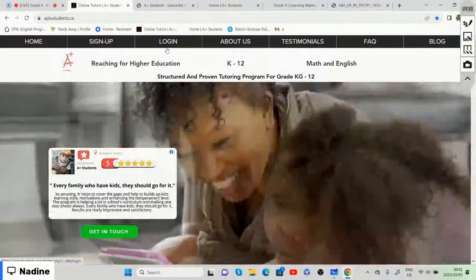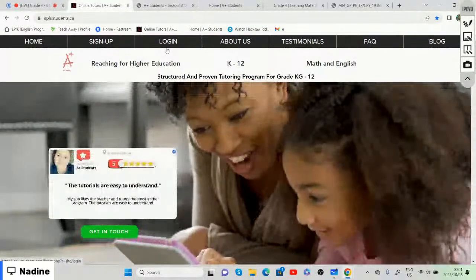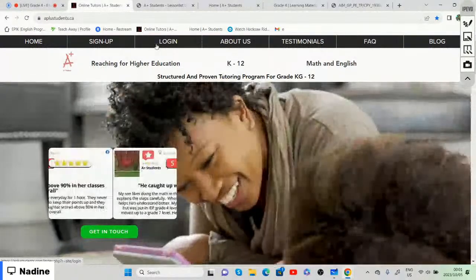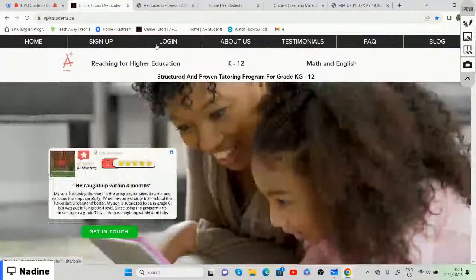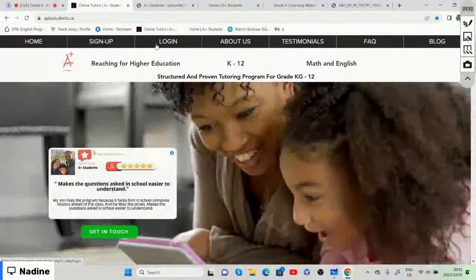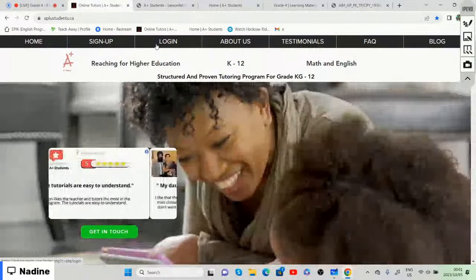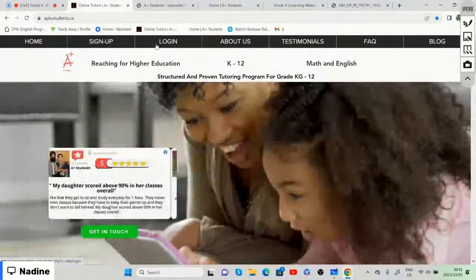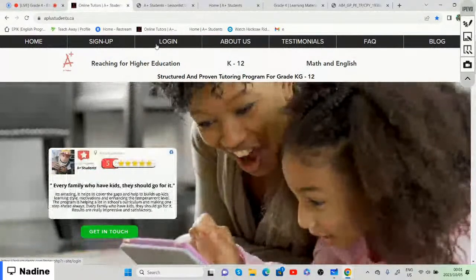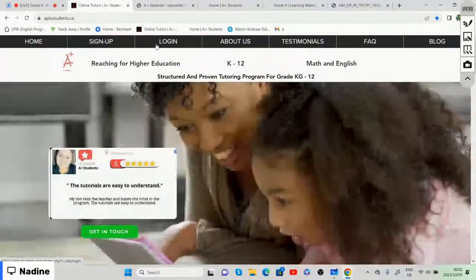Before we start with our lesson on irregular plural nouns, we are going to log in to aplusstudents.ca. You're going to log in with your username as well as your password. Once we've logged in, you're going to select the subject of language arts, and then we choose grade 4.